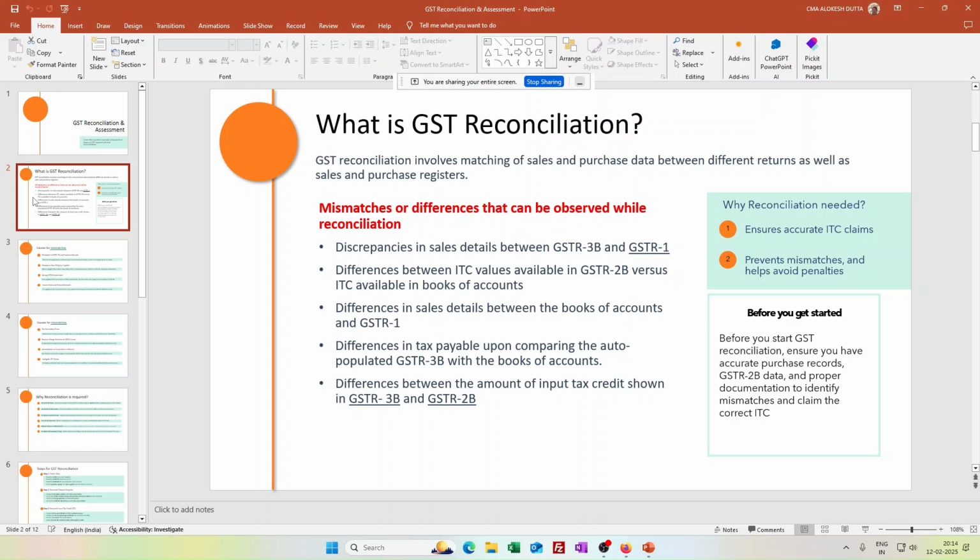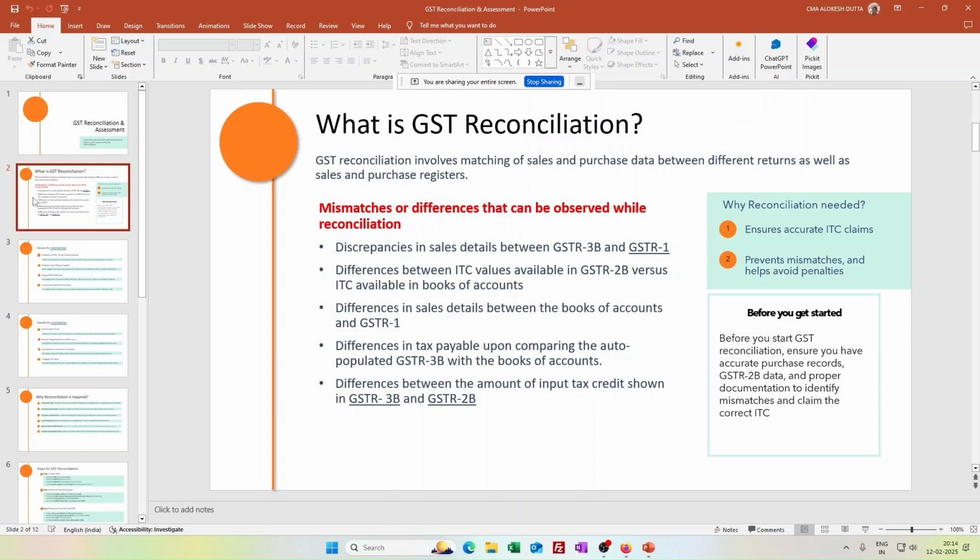At that time, that was in GSTR 2A. But right now there is no such scope. If it is not reflected in GSTR 2B, you cannot claim. If you claim, you will face the consequences at the time of assessment. So these two figures should match.